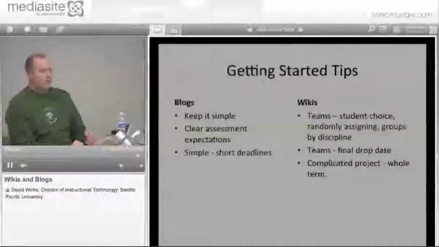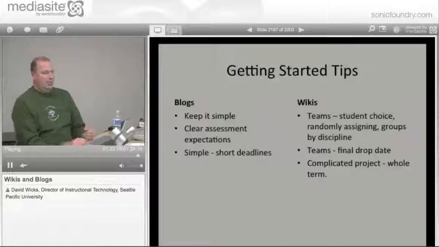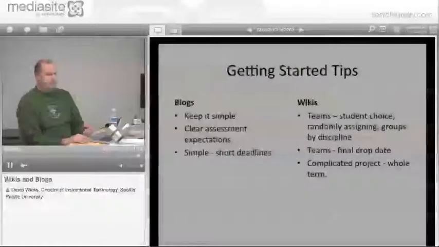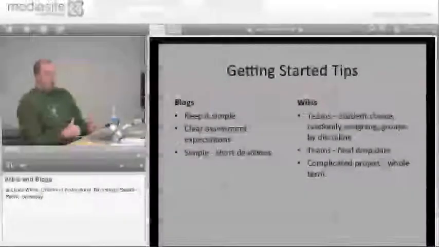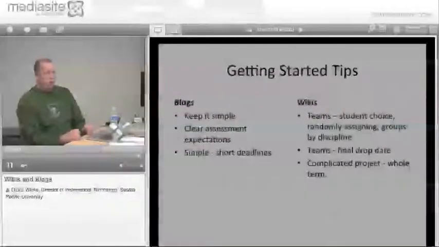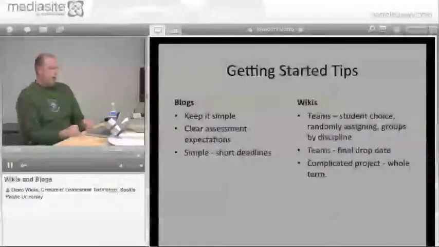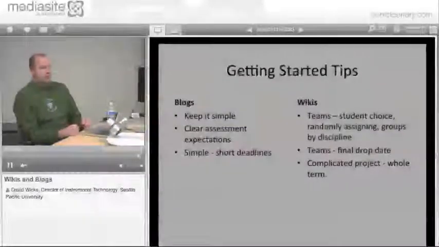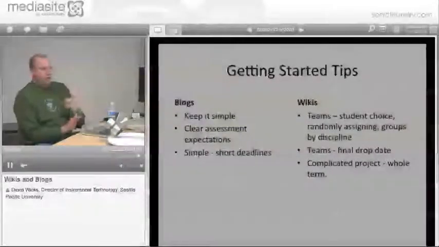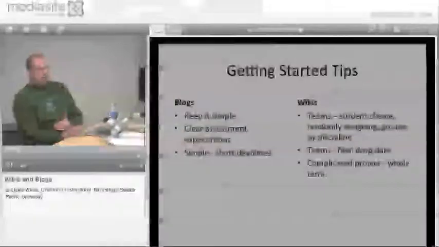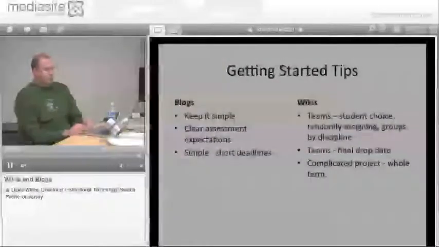If they don't know what they're supposed to blog about, it won't be very good, or they'll be very long. They'll just write papers for you as a blog post, and that shouldn't be what you want. And keep the deadlines fairly short. If it's blogging, they should just be doing it regularly. It should be a frequent activity.